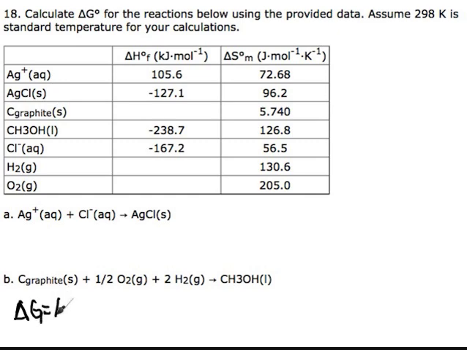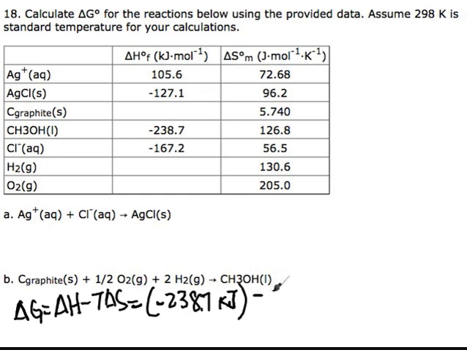So delta G equals delta H minus T delta S. So if we plug in those numbers, we get minus 238.7 kilojoules minus 298 Kelvin times minus 242.64 joules per Kelvin.